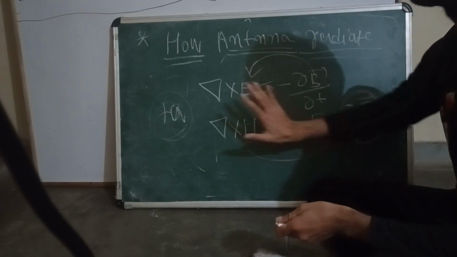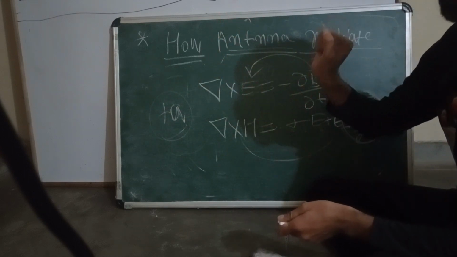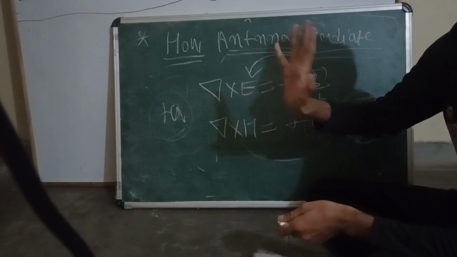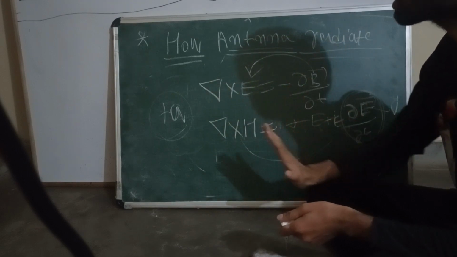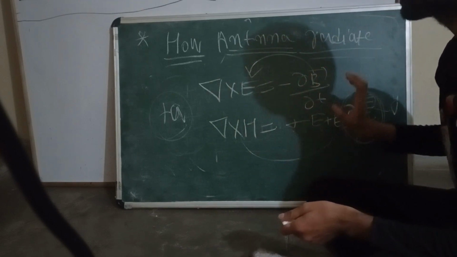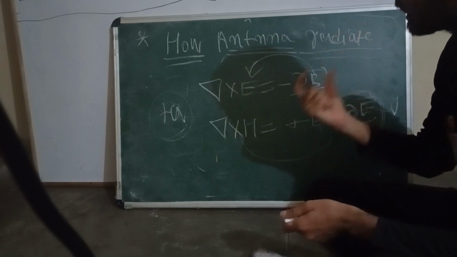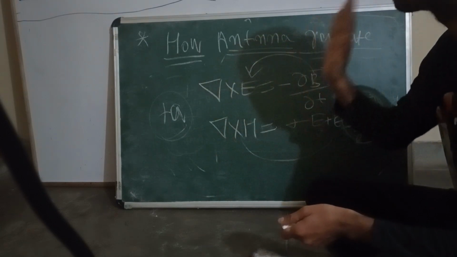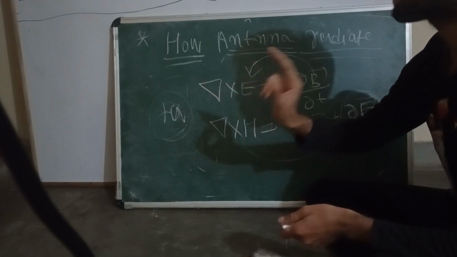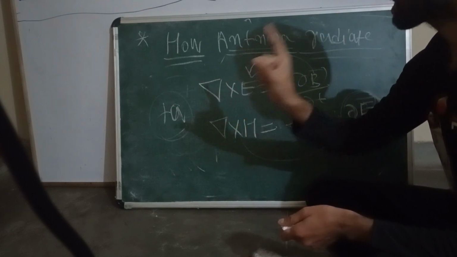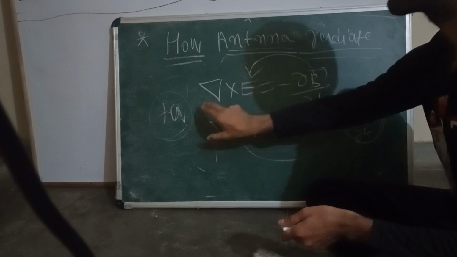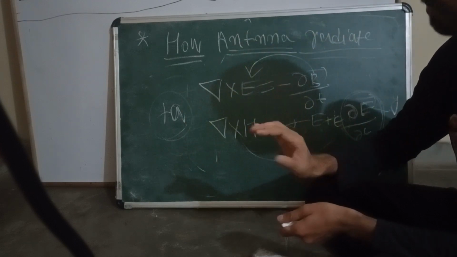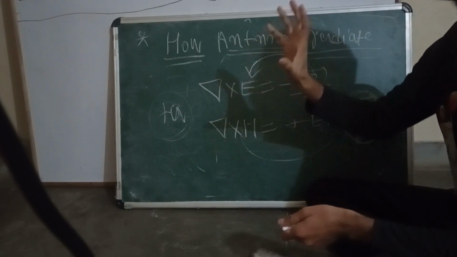So this process will go on and it will vary with time. This is the process of generation of time varying electric and magnetic fields when the charge starts oscillating, or moves with a different velocity, meaning it is either accelerating or decelerating.